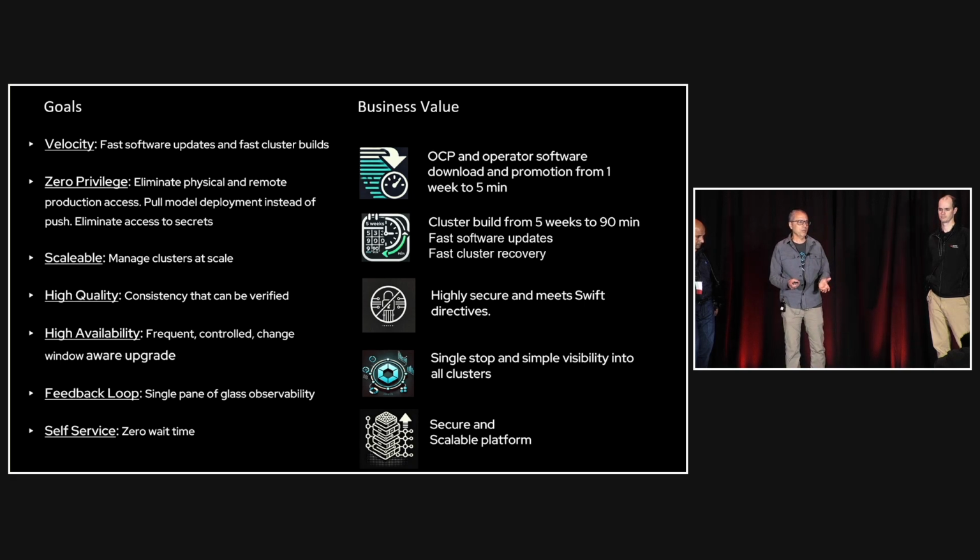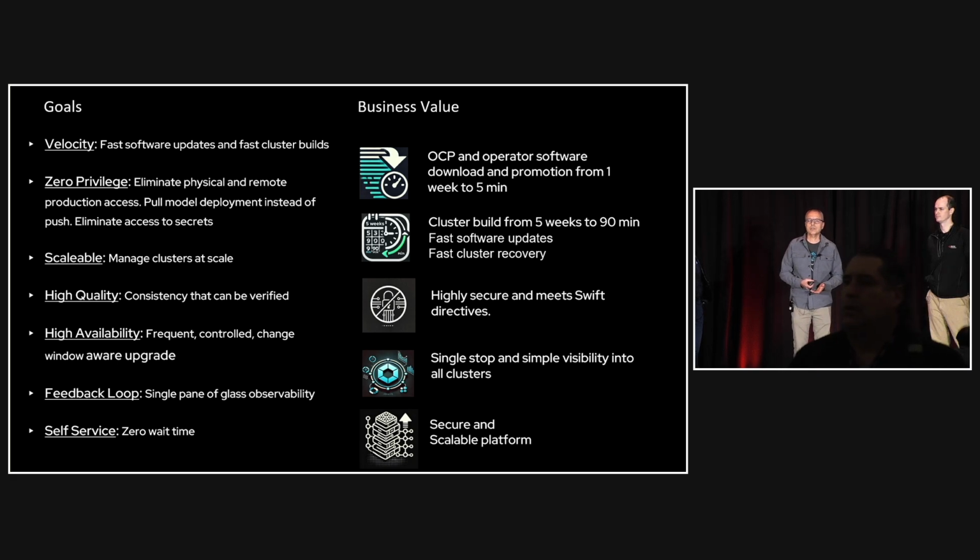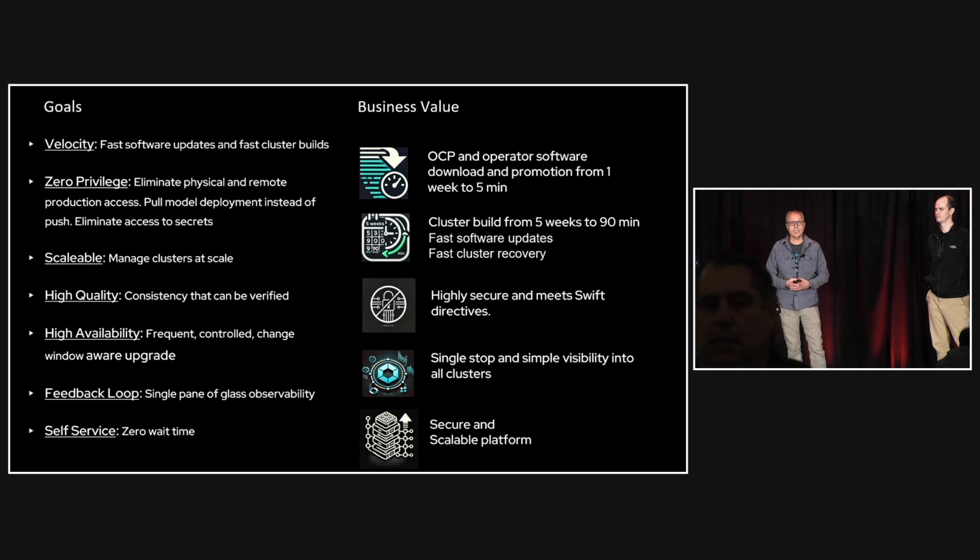We don't want anyone to have access. We want to eliminate access, physical or remote, to any of the clusters. So we will cover how we achieve that. We managed to do that. And obviously, we need to still maintain and achieve our reliability. And most importantly, we need to be able to scale in a consistent way.